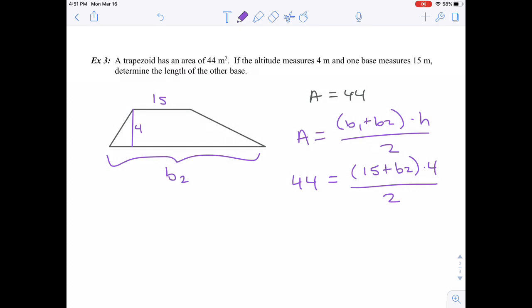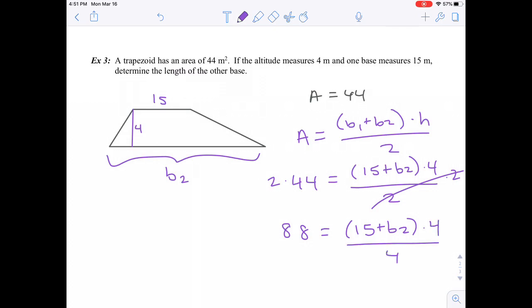There's a few ways I could do that. I'm going to go ahead and multiply both sides by 2 so that I can get rid of that. So I get 88 equals 15 plus the other base times 4.